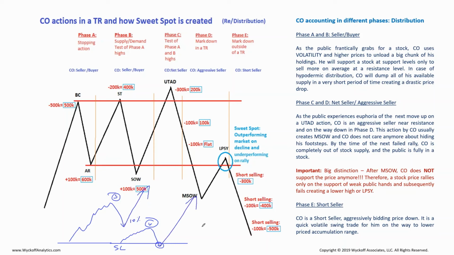So from this perspective, the outperforming asset is going to outperform on the way up and on the way down, and that is the sweet spot. The opposite is outperforming on the way down and underperforming on the way up. This sequence suggests that there is a lot of selling on the way down and not a lot of buying on the way up.